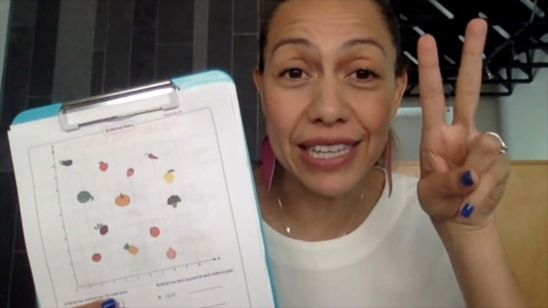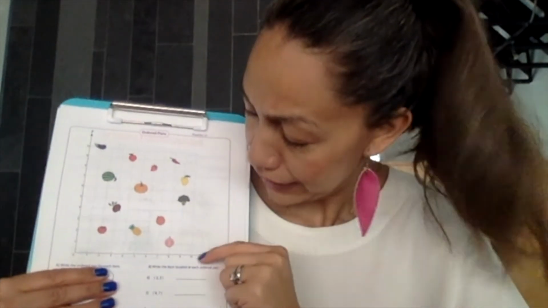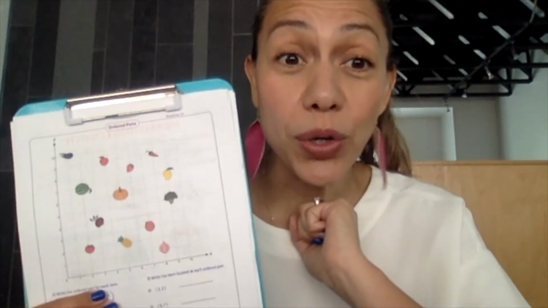So for ordered pairs, it is important to keep the order of those pairs, meaning two. There will be two sets of numbers that we will be given, and we need to make sure they stay in that order, because if they say that you will find the broccoli in 10-4, that is an ordered pair.